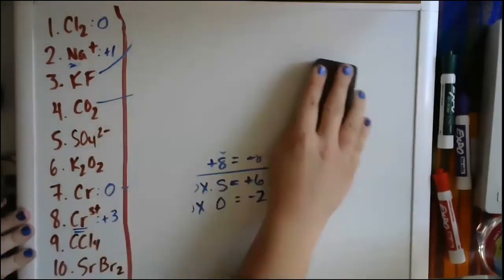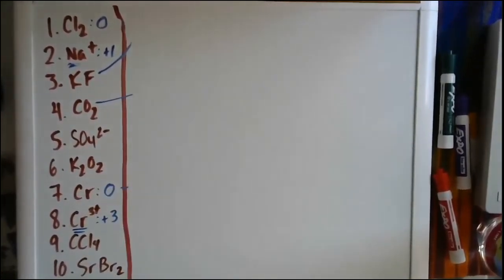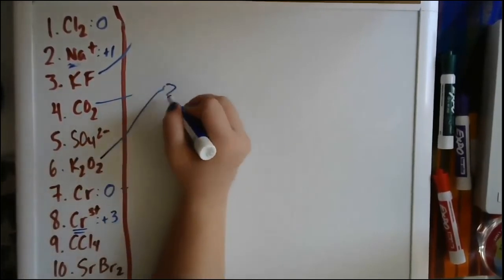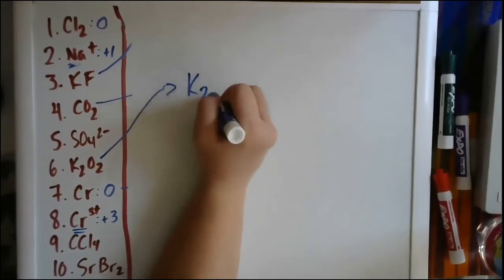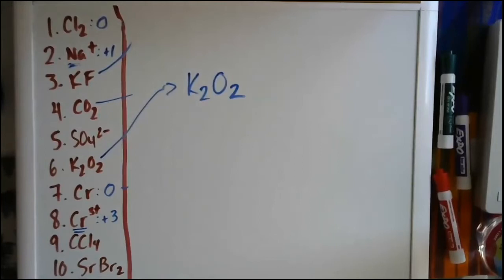Now we get really used to the oxidation state of oxygen being -2, and that can sometimes lead us astray. That's especially true when you run into peroxides. So that's an example of what we're looking at right here: K2O2.